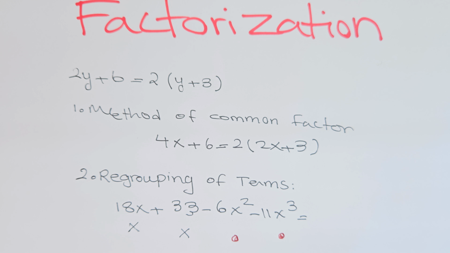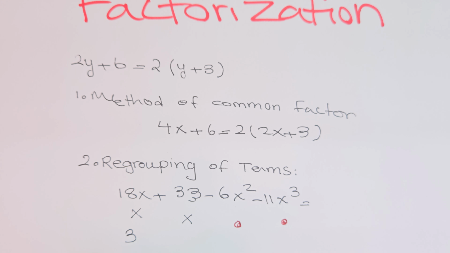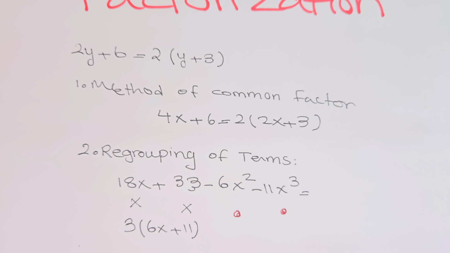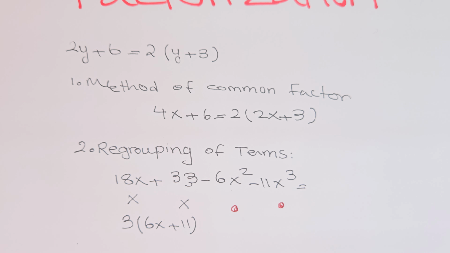Consider the first two terms, 18x plus 33, and then factorize a 3, so what is left? It's 6x plus 11, right? And then the third and the fourth term.